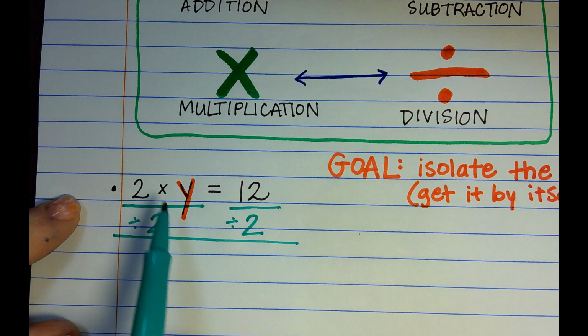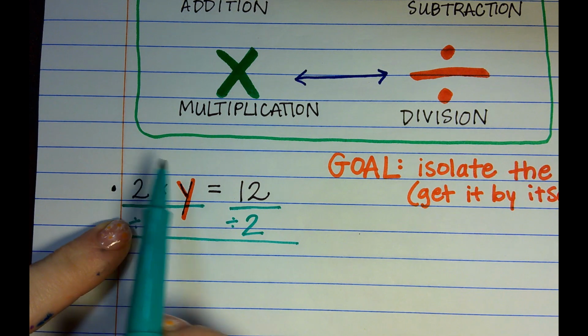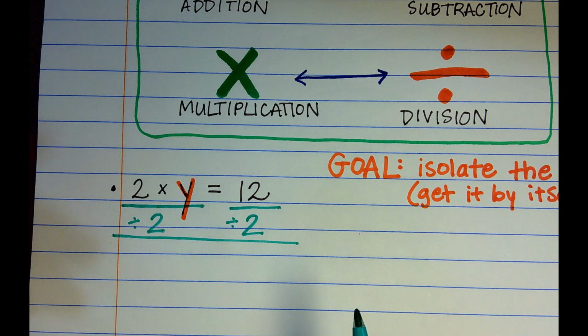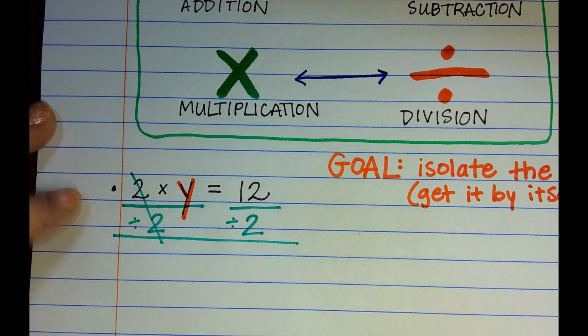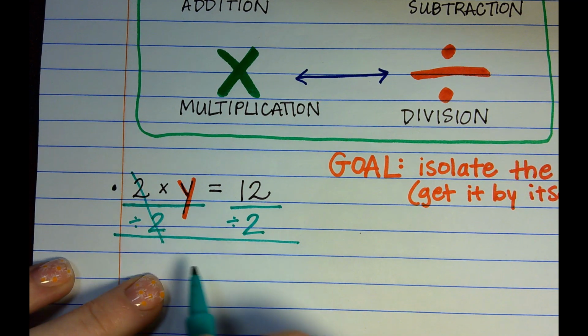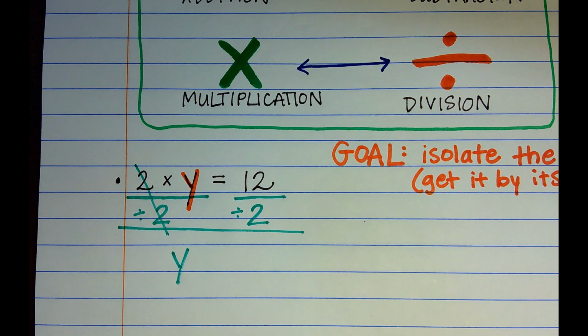What is 2 divided by 2? 1. And if I have 1y, I can just write y by itself, right? So that's going to cancel our 2's out. Our 2's, they're gone. So that's getting us to where we have y by itself.